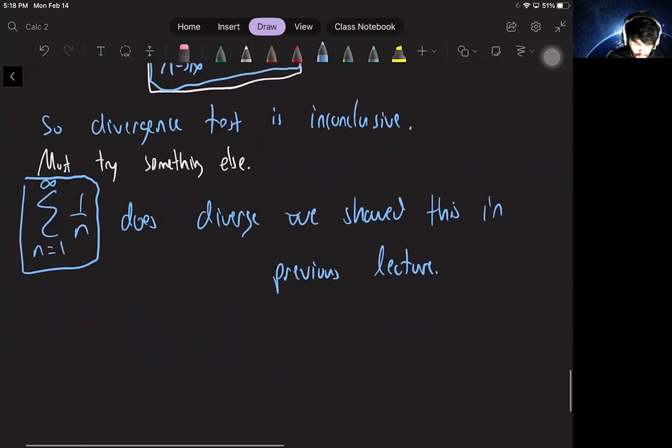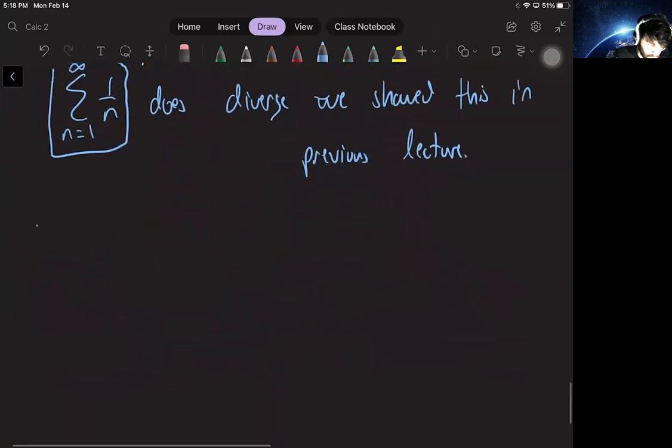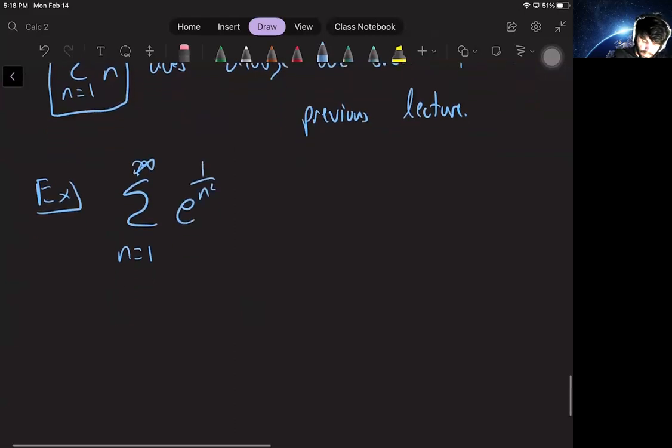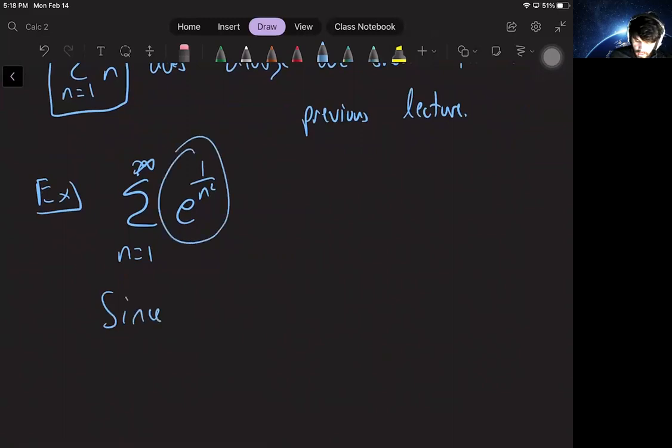Let's do another one. e to the 1 over n squared. Okay, so you see, are these guys shrinking to 0? If not, then it's going to diverge automatically just because the terms are not getting small.